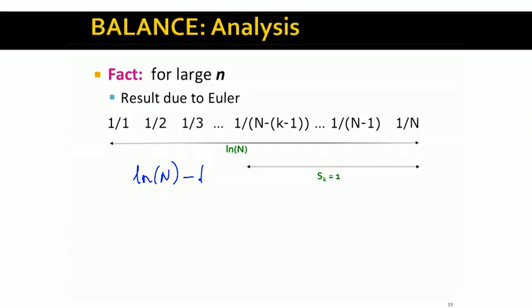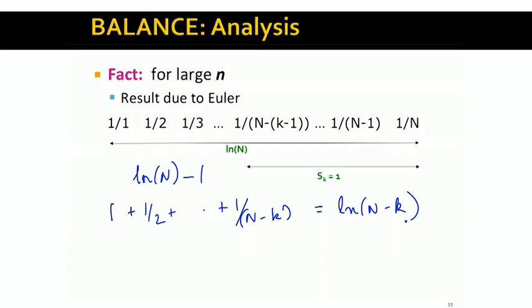However, if we just look at the first n minus k terms of the series, they are 1 plus half and so on through 1 by n minus k. And using Euler's result once again, the sum of these terms can also be written as ln of n minus k. Okay.